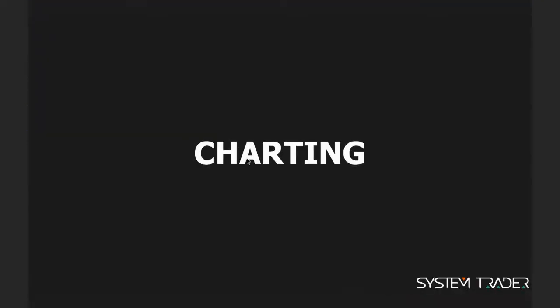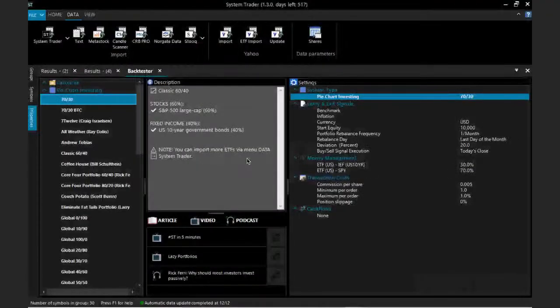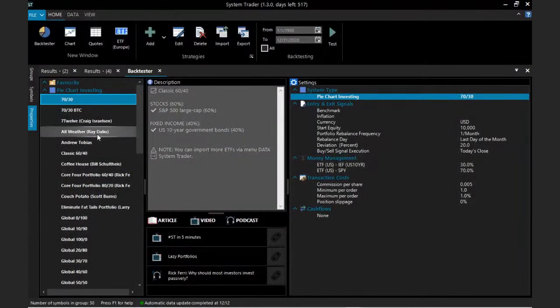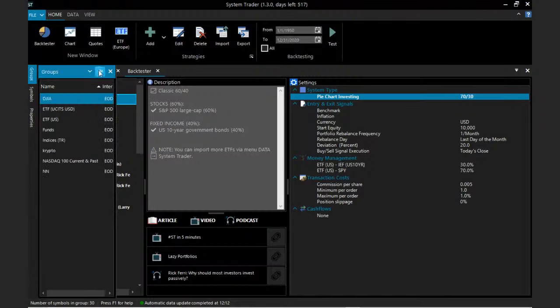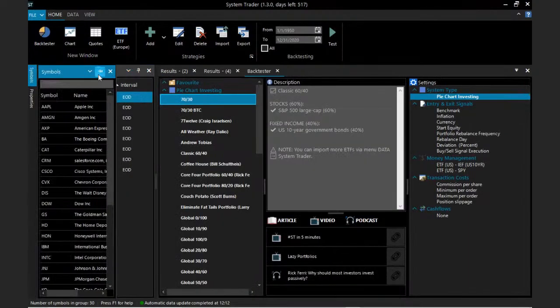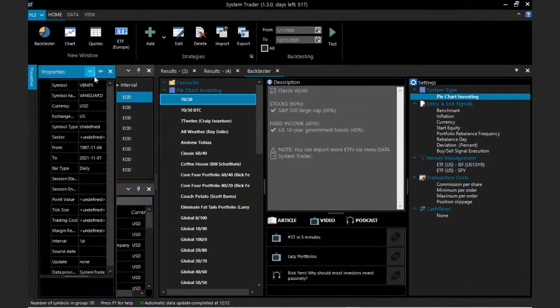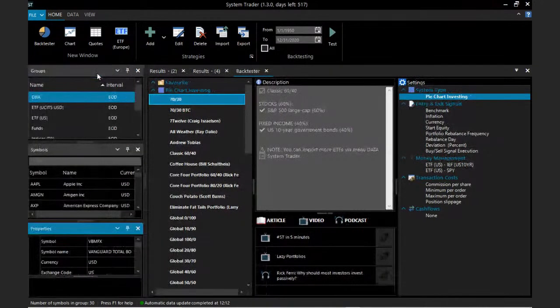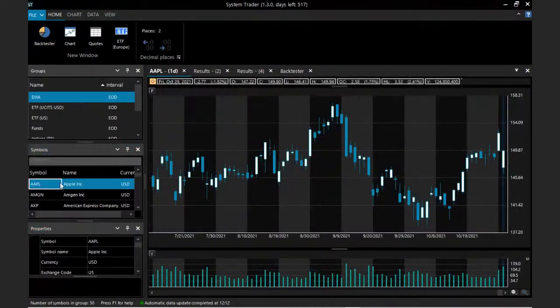And now the last bit, the charting. Actually, I wasn't talking too much about charting because, in fact, this is not really day trading software or technical analysis software. But if you'd still like to look at the charts, you can do it here as well. For example, we have Apple.